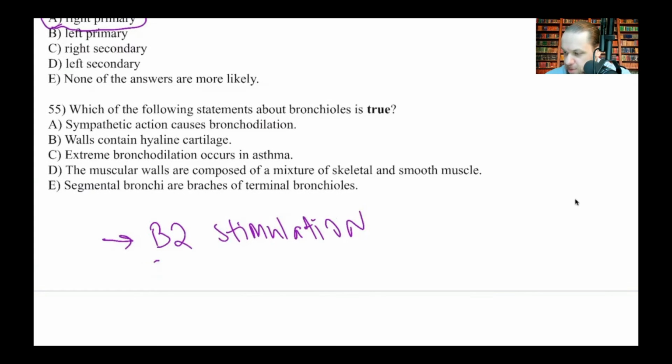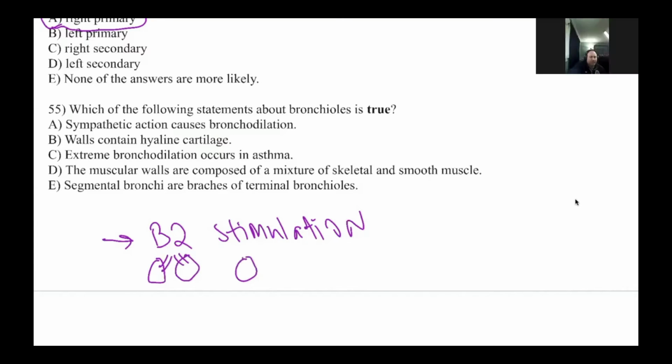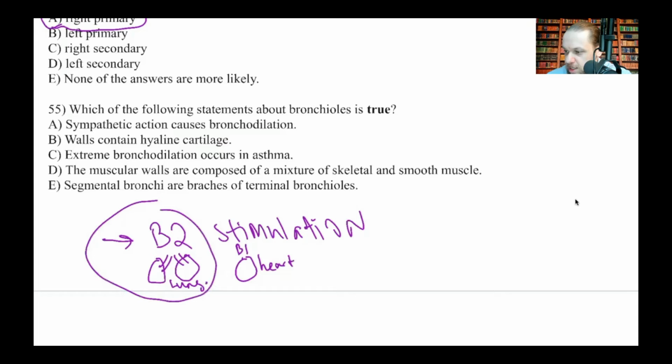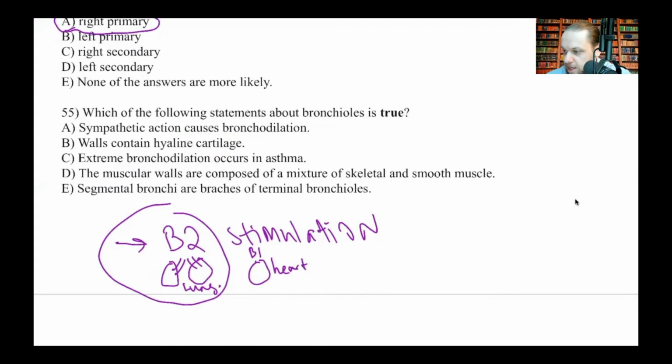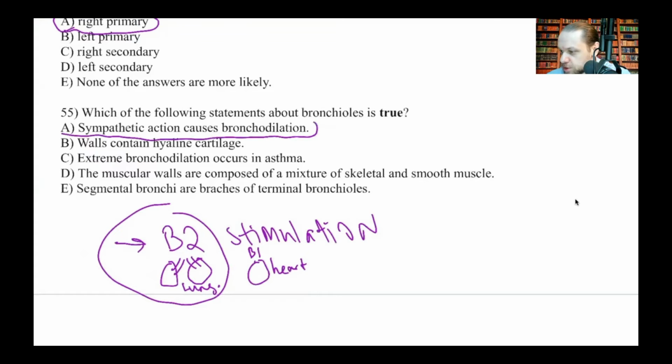The way I remember it, I said in the lecture, bronchodilation. You have one heart, two lungs, right? Correct. Heart is beta 1, lung is beta 2. So beta 2 causes bronchodilation, and it does so by sympathetic action.